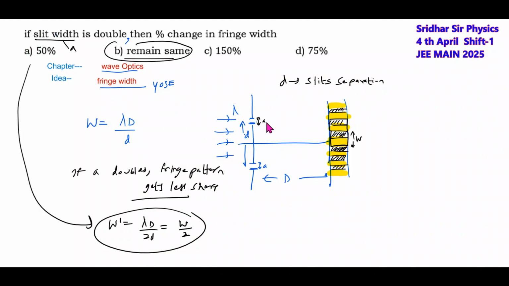What is A? A is the slit width. I think they are different. In some sources they were discussing this, in some they were discussing that. I explained both. We'll take the next question.